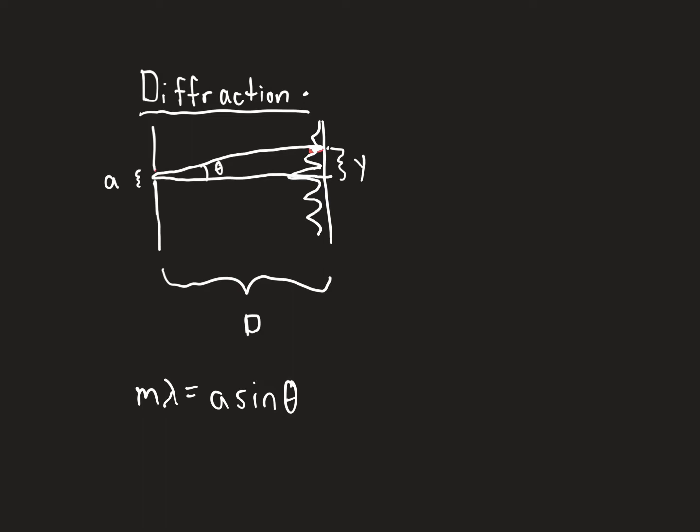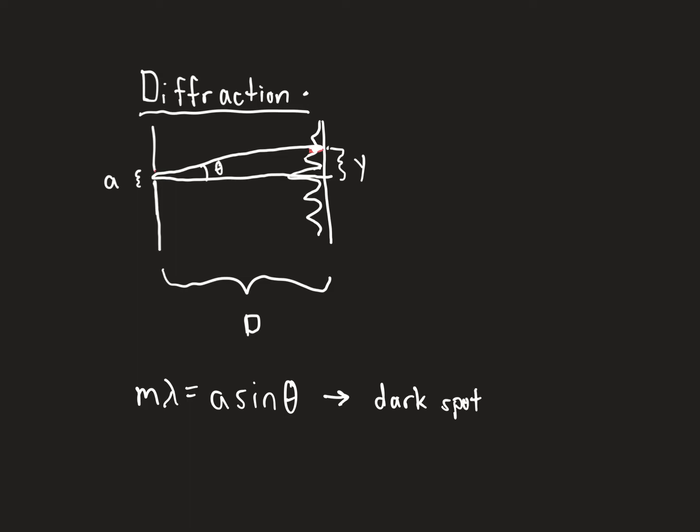The big difference here between diffraction and interference: this diffraction equation looks like the interference equation, doesn't it? Looks like the interference equation for getting bright spots. But in diffraction, when you're just talking about one slit, this is telling you where the dark spots are. So for single slit diffraction, these are dark spots.